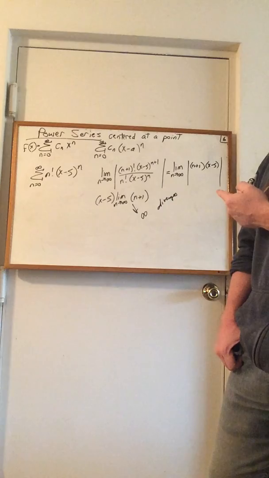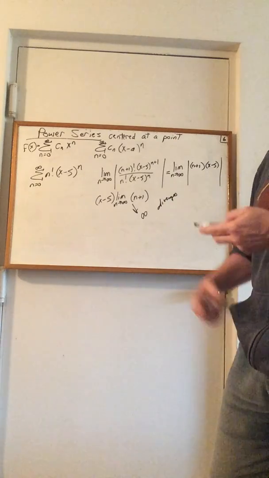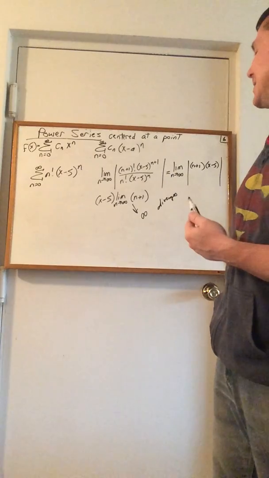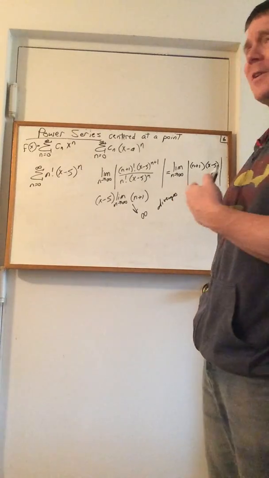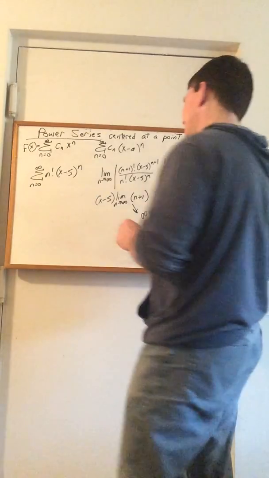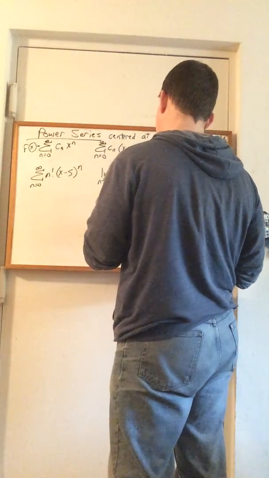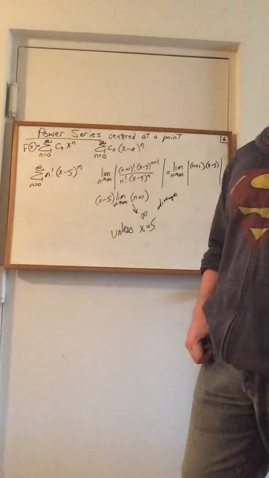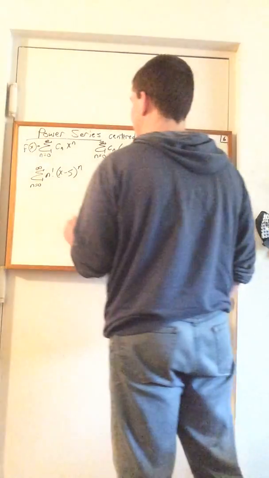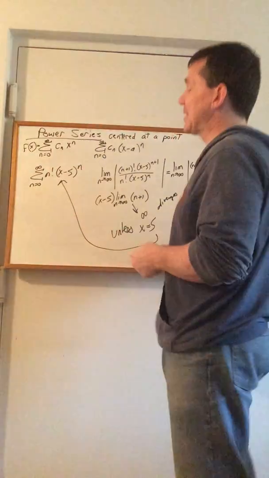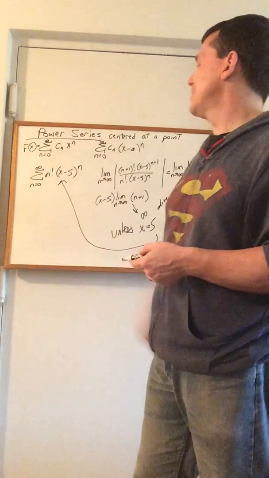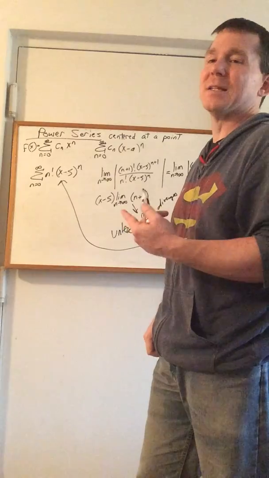This is me doing a dramatic pause to let you ponder it and think about it like I would do in class to see if you can come up with the idea. And the trick is, that will diverge for any x unless x equals 5. Because if x equals 5, this becomes 5 minus 5, which is 0. 0 to the n is 0, and this whole series just becomes constant, 0.